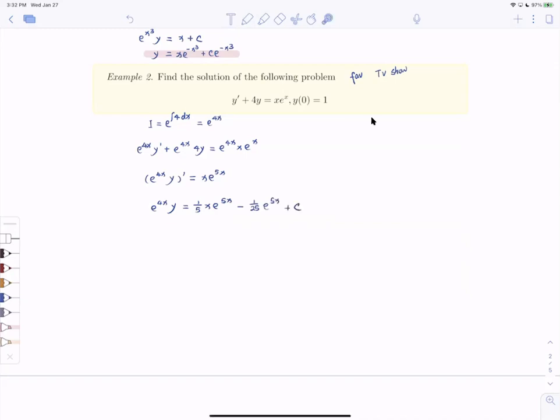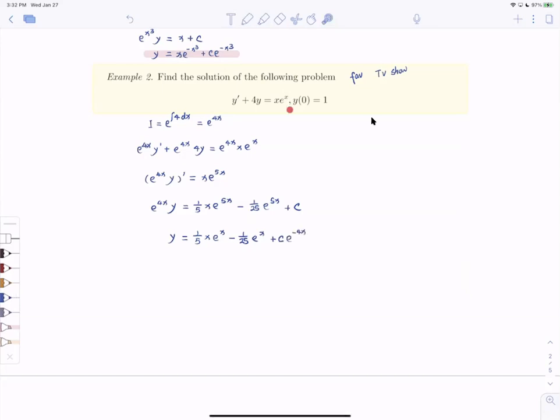Now we just need to move this to the other side. So you'll get y equals 1 over 5 x e to the x minus 1 over 25 e to the x plus c e to the negative 4x.